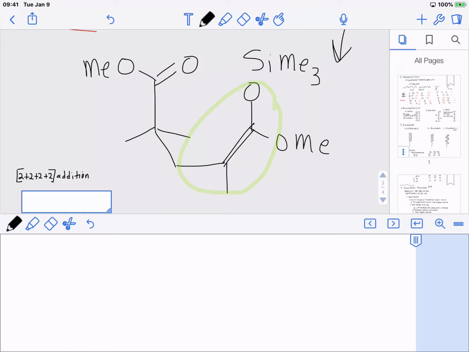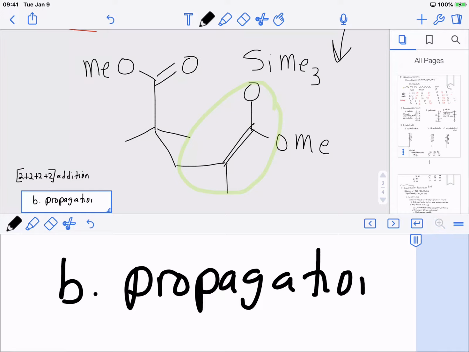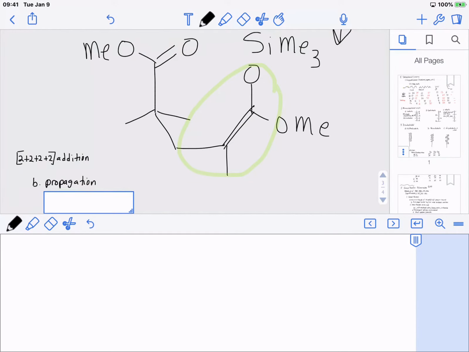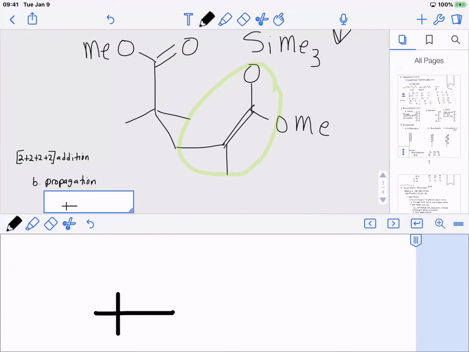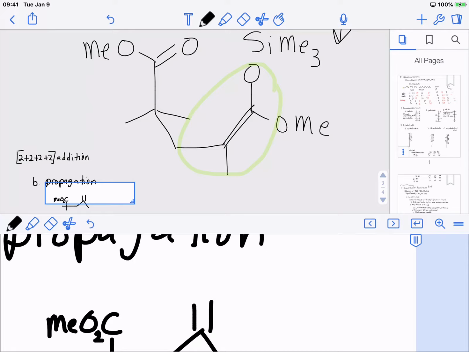Okay, now B is propagation. If you look at the molecule, you can see that you can do this in kind of a similar way. So there's the end, and you got this trimethyl silyl group.